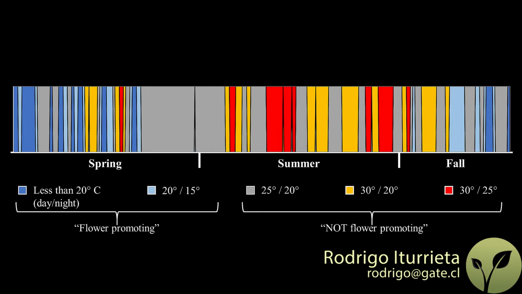So I color coded them. Blue or light blue are flower promoting days, and gray, yellow, or red are consecutive days with non promoting combinations. From left to right, you have the passing of time and the seasons that led to the observed crazy flower at the very end of the chart.